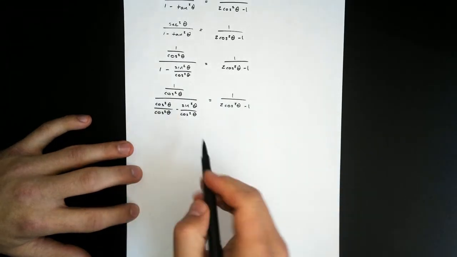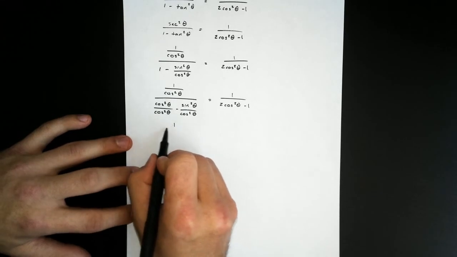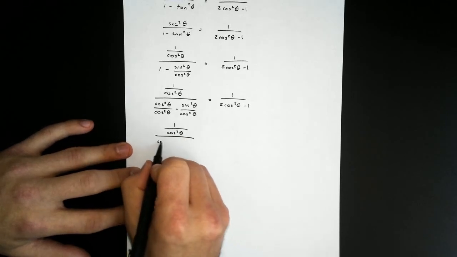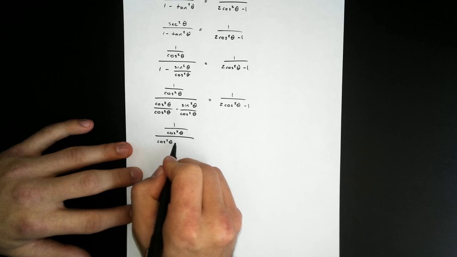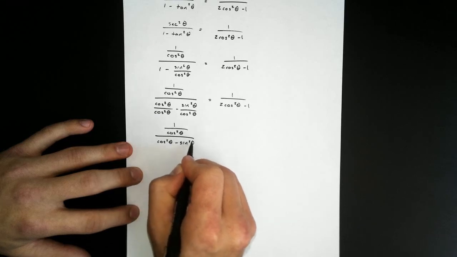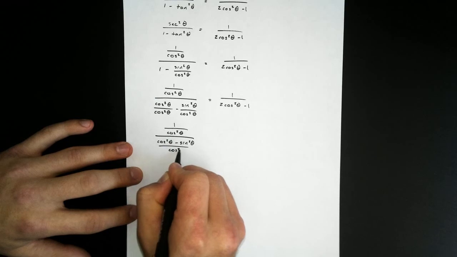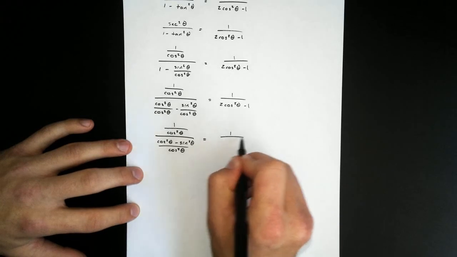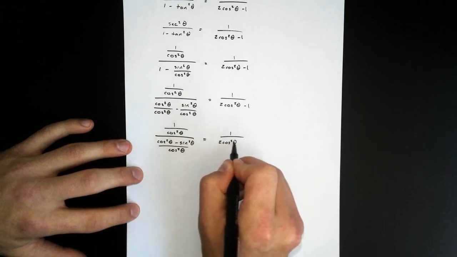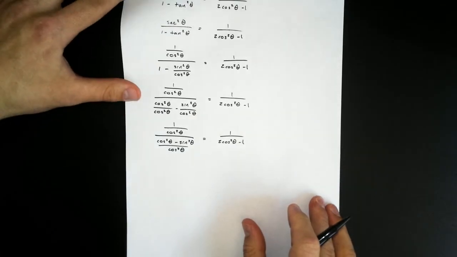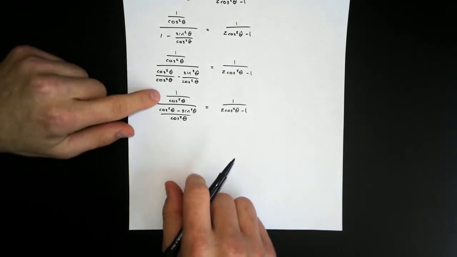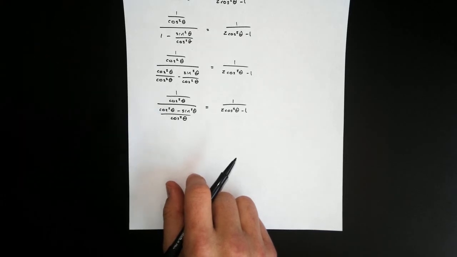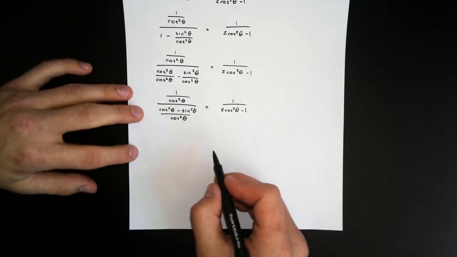Okay, now we can combine these together. So here's our numerator, 1 over cosine squared. And then this is going to be divided by cosine squared minus sine squared over cosine squared. So now I was able to turn this complex fraction into one fraction in the numerator, one fraction in the denominator, and now we can turn this into multiplying by the reciprocal.